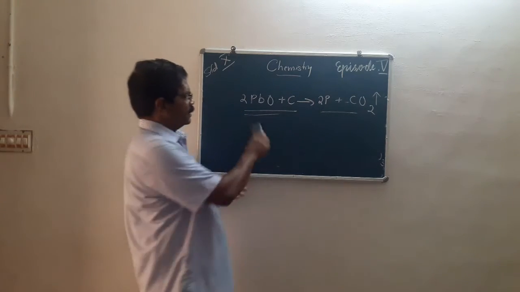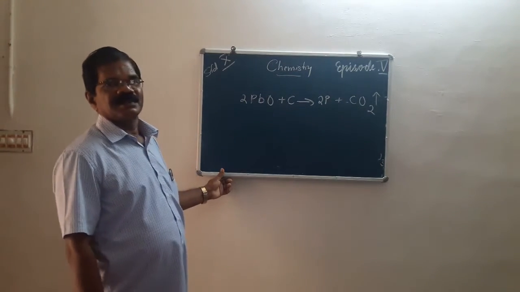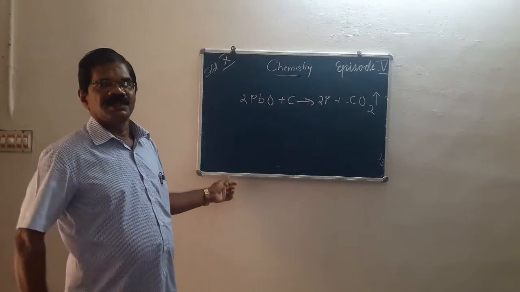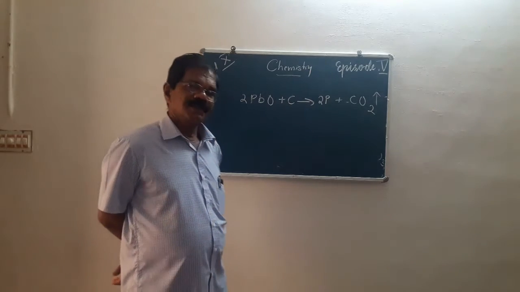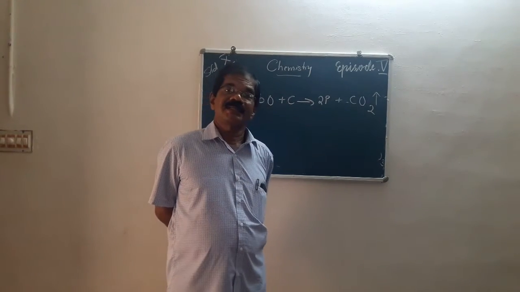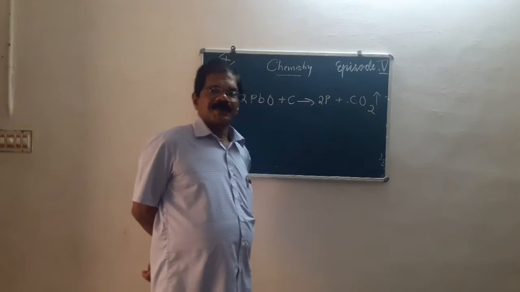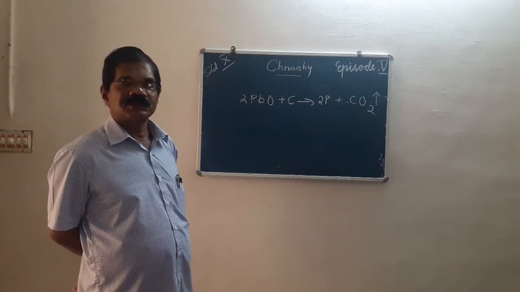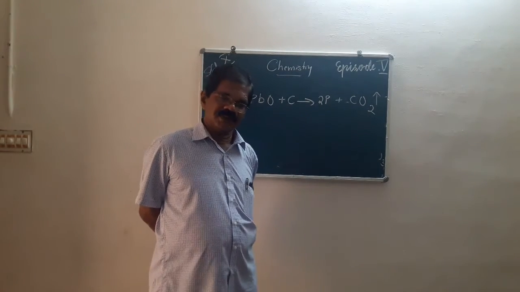Then the other thing is whether it is an oxidation reaction. Which substance is oxidized, which substance is reduced? In the last episode we studied that oxidation means addition of oxygen, and reduction means removal of oxygen.